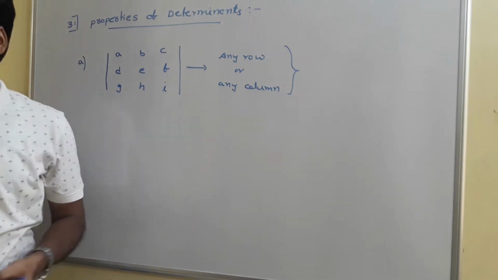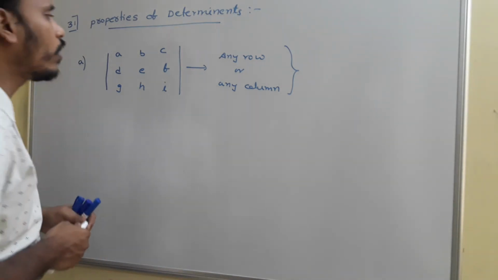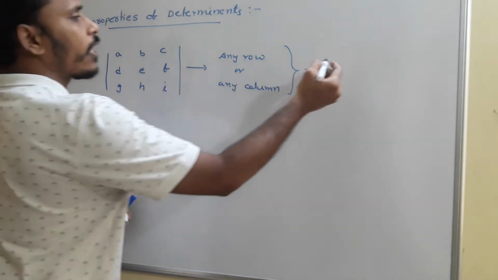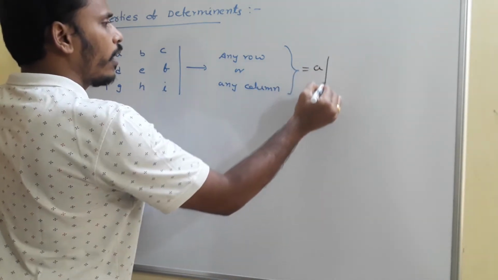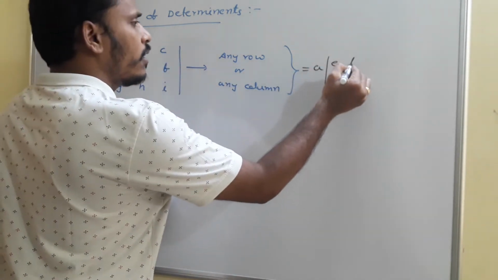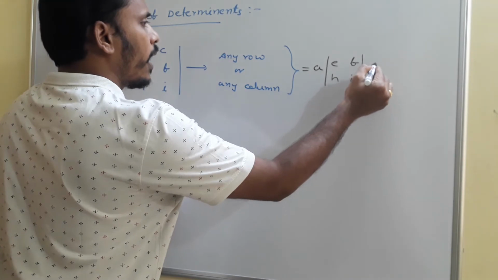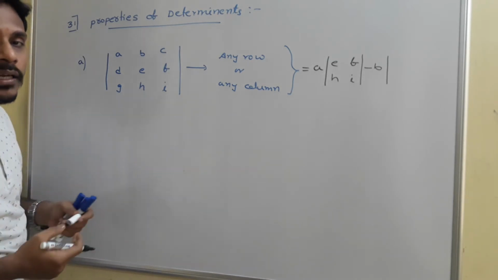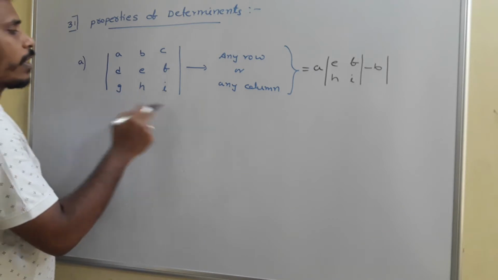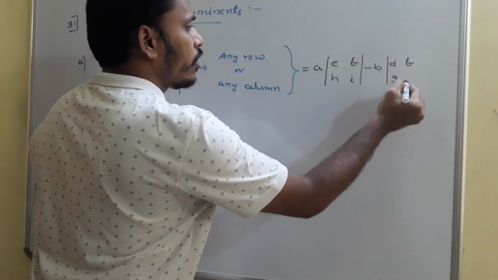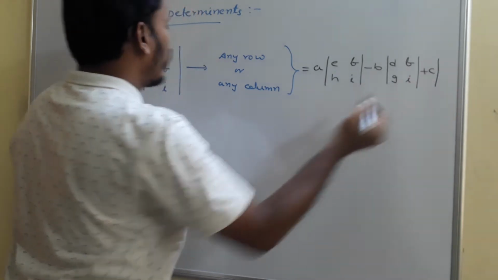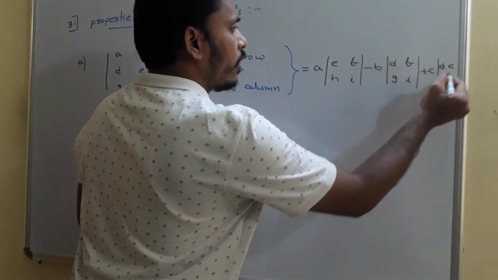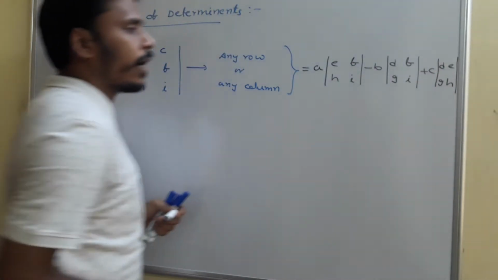So usually we may go with any row or any column. In particular, if you move with the first row, the determinant value is A into the determinant of the remaining elements E, F, H, I, minus B into, already we discussed why we have minus, because when multiplying B with its cofactor you get that minus sign, minus B times the determinant of the remaining four elements D, F, G, I, and then plus C into the determinant of, for this C, leave this row and this column, the remaining four elements D, E, G, H. And that's the determinant.